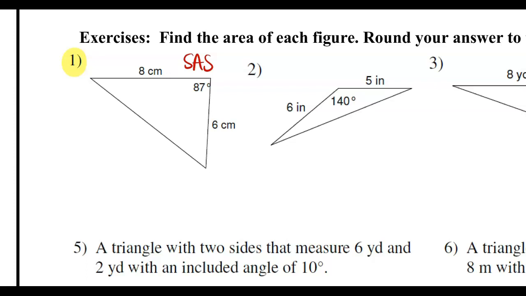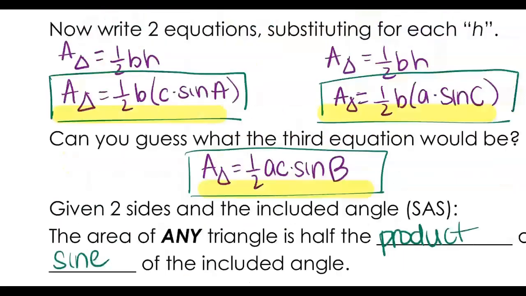So we have a side, an included angle, and another side. So from this, I'm going to use the formula that we've identified from the top. Since I have a side angle side, I'm going to make this 1/2 the two sides. And remember, AC, BC, and AB, those are the different letters we usually had for each of the formulas.